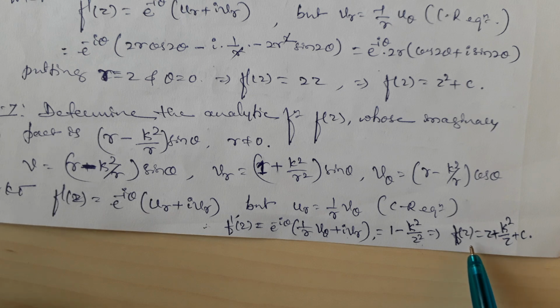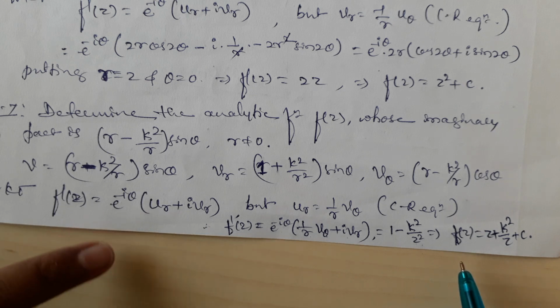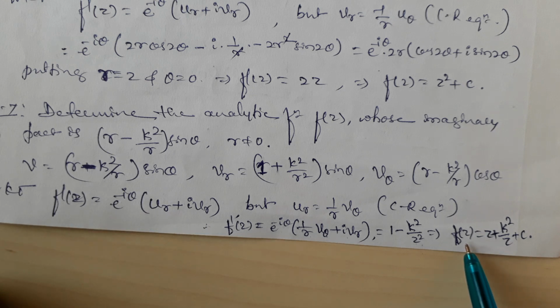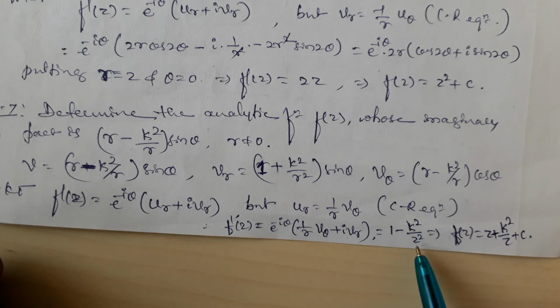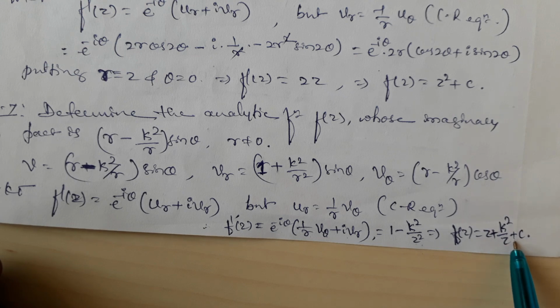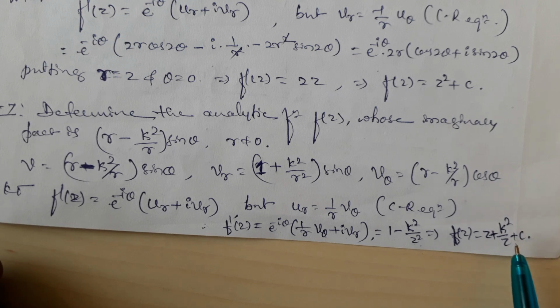But we want f of z, hence integrating with respect to z we get f of z as the integration of 1 with respect to z is z, minus the integration of k square by z square, which is minus 1 by z, minus of minus is plus, therefore plus k square by z plus some integration constant c.